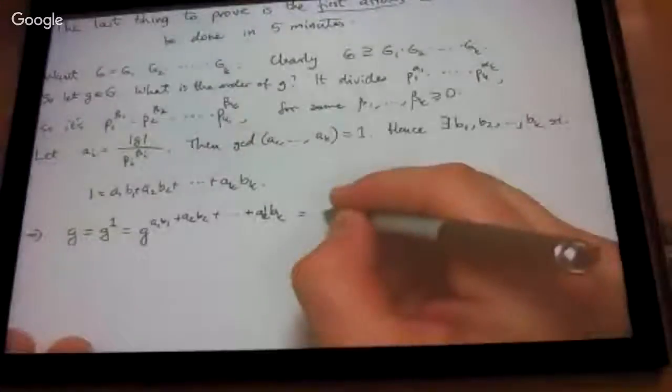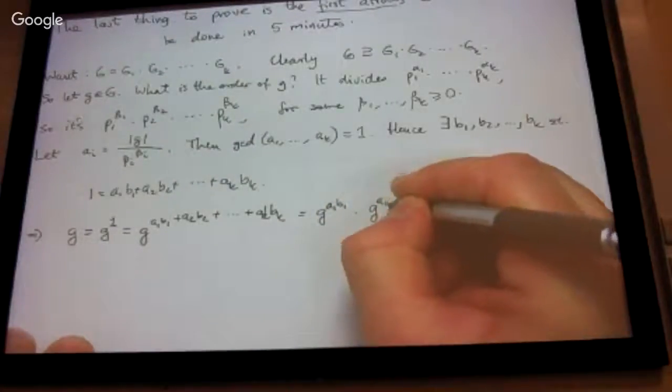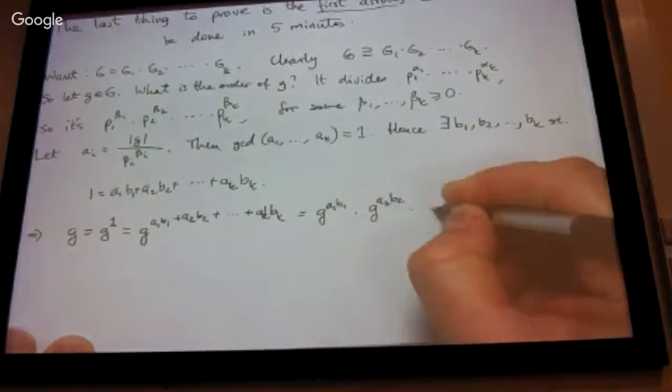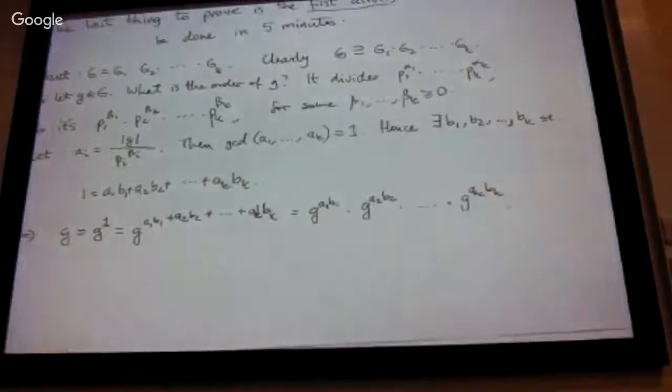So this is g to the A1B1 times g to the A2B2 up to g to the AkBk. Not scary.